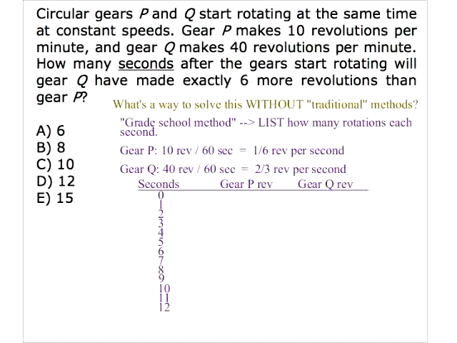It waits a second after you press enter to actually skip the line, so you wind up with that sometimes. So gear P is 1/6 of a rev every second, so that is 2/6, 3/6, 4/6, 5/6, 1. 1 and 1/6, 1 and 2/6, 1 and 3/6, 1 and 5/6, 2. These are all off by 1.